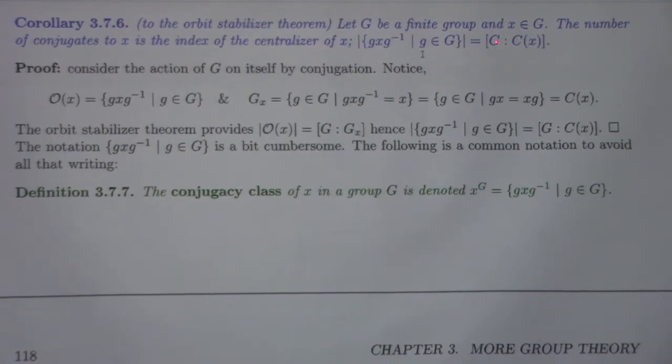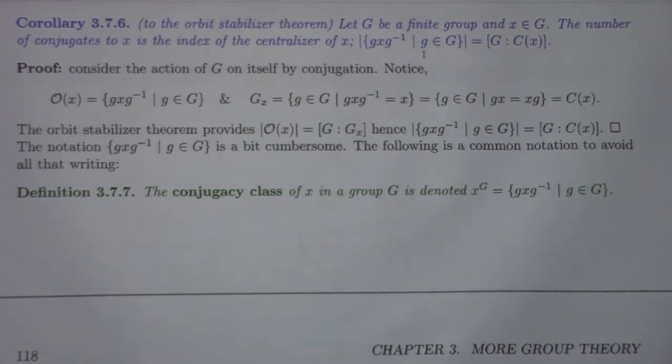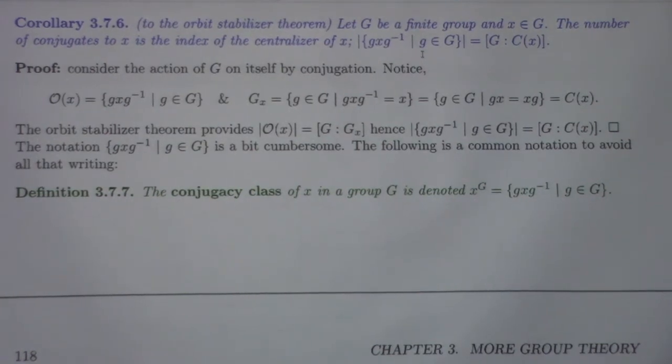And again, that's just the orbit stabilizer theorem. It said, how big is the orbit? It's the index of the stabilizer. But here the stabilizer was the centralizer of X.